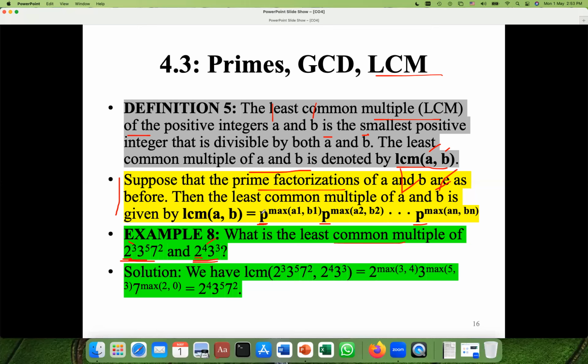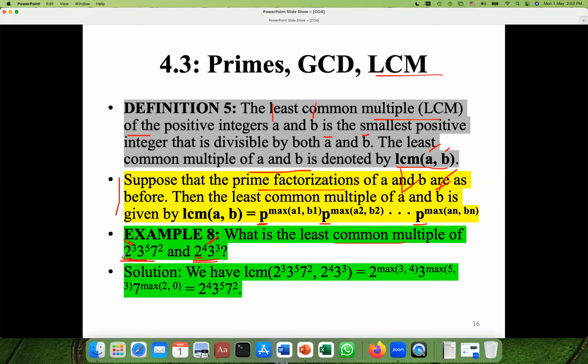So you have to write 2, then max, here 3, comma, this 4. This one is A1, this one is B1 or whatever you want to say. These are A1, A2, A3. These are B1, B2, B3. Similarly, if you have another number, C1, C2, C3.